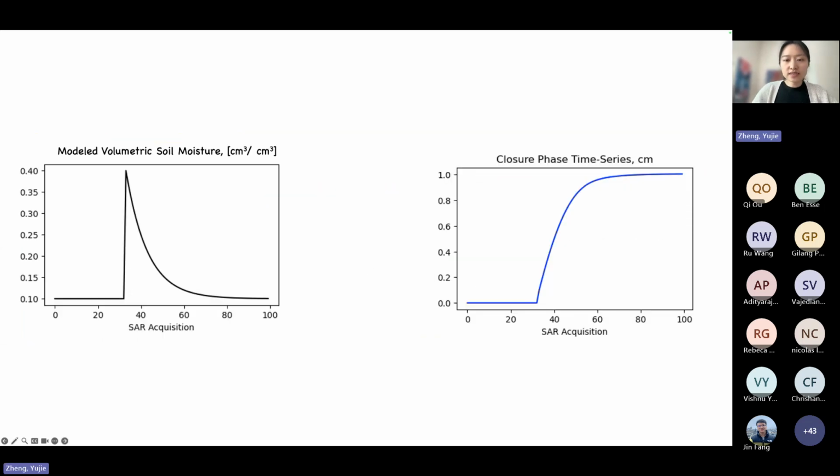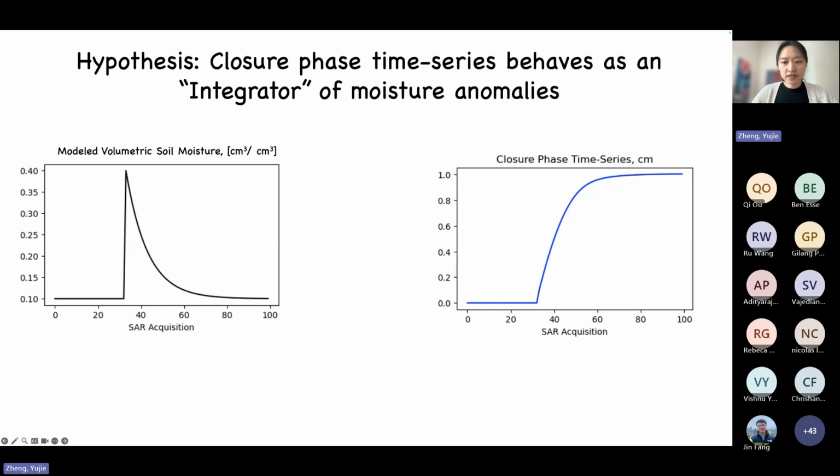All right, so with all these insights from the forward models, now I'll attempt to find a mathematical relationship between soil moisture anomaly and closure phase time series. My hypothesis is that the closure phase time series behaves like an integrator of moisture anomalies. Mathematically, that means we can integrate moisture anomaly with time, and the corresponding closure phase time series is a scaled version of that. This hypothesis is really built on the observed relationship between the soil moisture anomaly and the closure phase time series, especially the correlation between the duration of the anomaly and the duration of the step change.